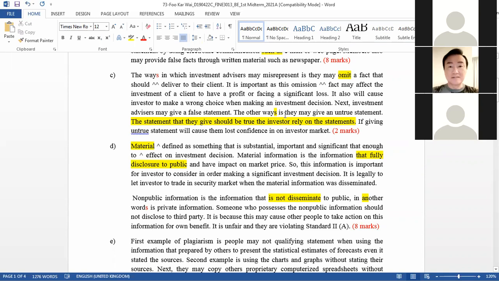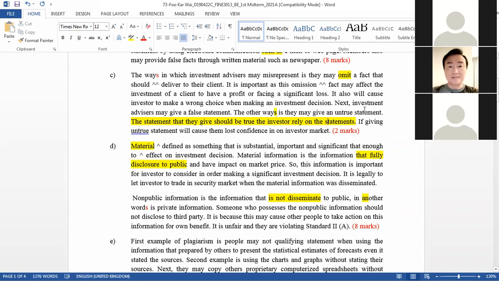The other way is that they may give an untrue statement, because they're only talking about one way, right? An untrue statement. So this part here, all right, the other way, right?